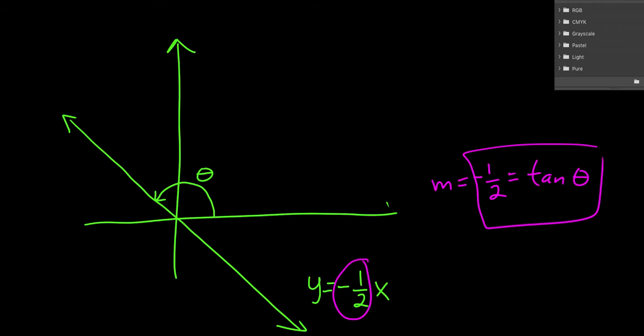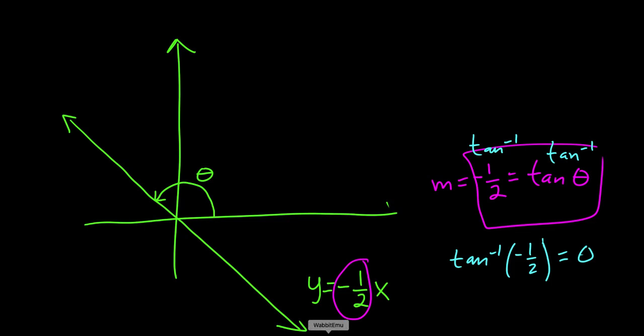And so what we're going to do is what we did in the previous video: do inverse tangent of both sides. So we have tangent inverse of negative 1/2 is equal to theta. I'll just go through it and plug that into a calculator.